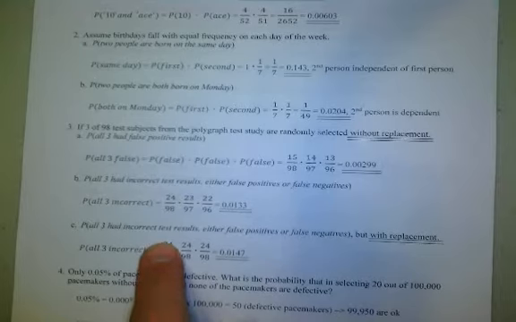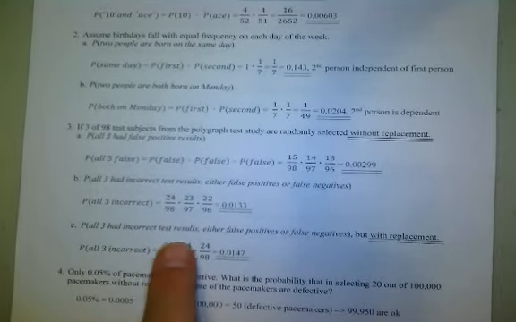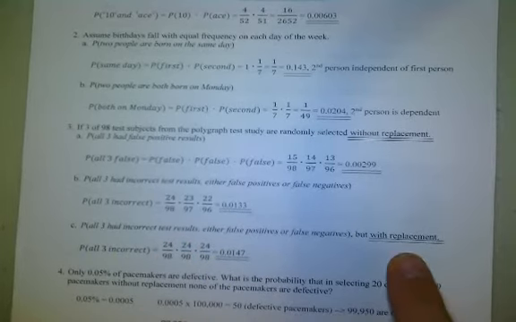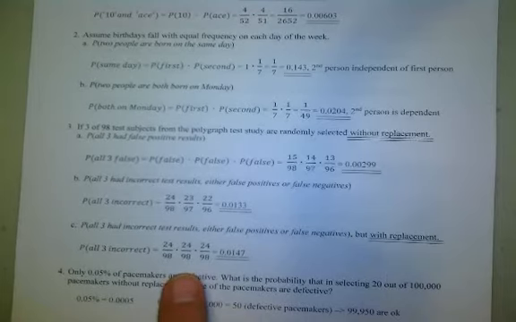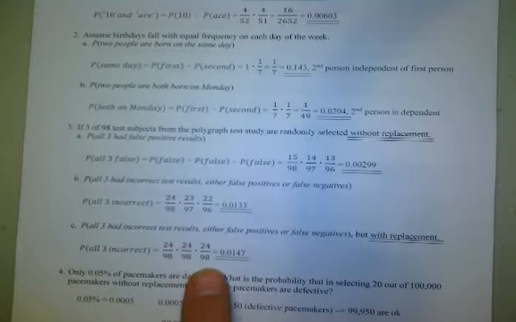Now, we're going to look at part B again. What's the probability all 3 had incorrect test results, either false positive or false negative, but this time it's with replacement. Notice the difference between there and here. It's 24 out of 98 all 3 times. Since I put the selection back into the pot, I still have 24 false positives or false negatives, and I still have 98 total people to select from.